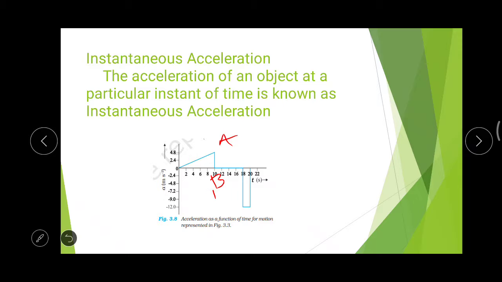That means at the particular time of 10 seconds, the acceleration suddenly decreased to 0, and then there is no acceleration. That means acceleration is 0 between 10 and 18.